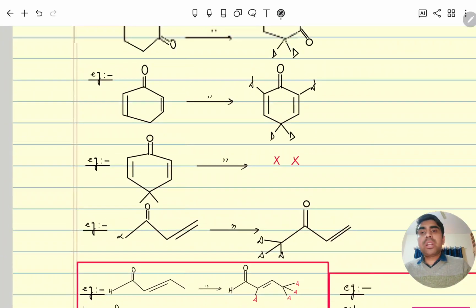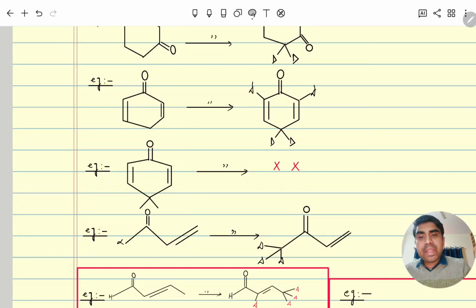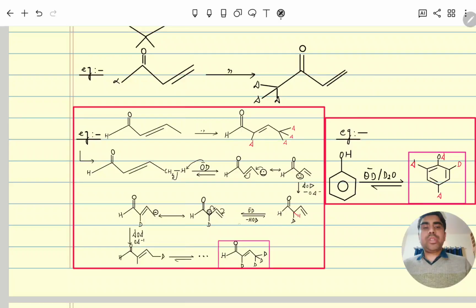Similarly, here also that negative charge will first travel to here, and here also hydrogen will exchange into deuterium, and then after one hydrogen another one is there, that will be negative. Again that negative will travel to here, and further here both hydrogens will exchange. Clear? Similarly at this place also. So this is all about deuterium exchange.